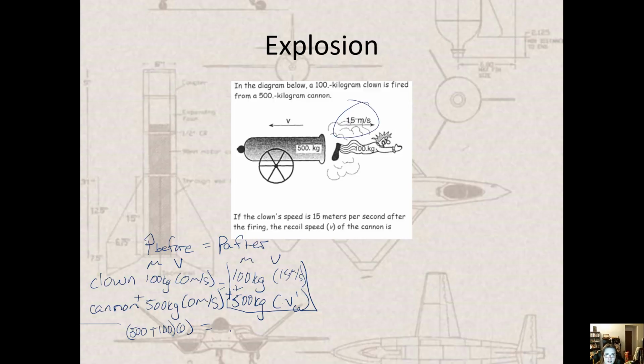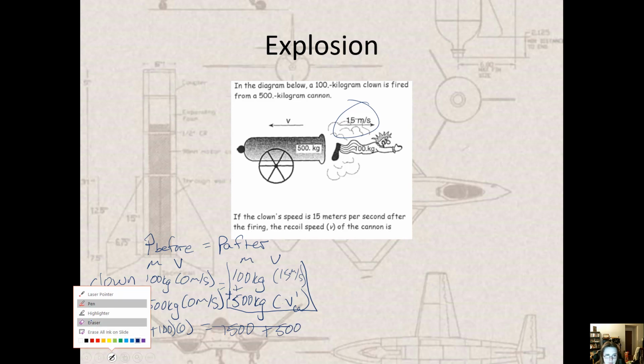Okay, so then we get 100 times 15, which is 1500, plus 500 times the velocity of the cannon.